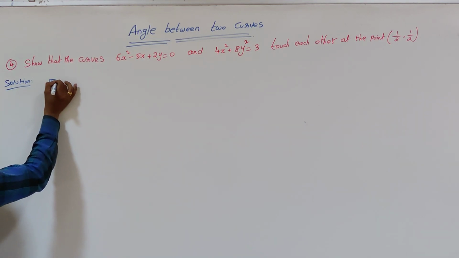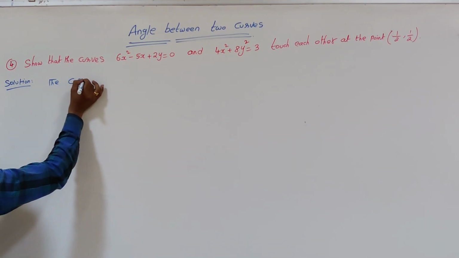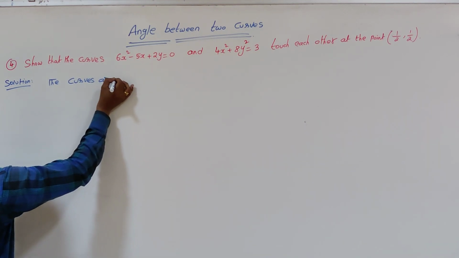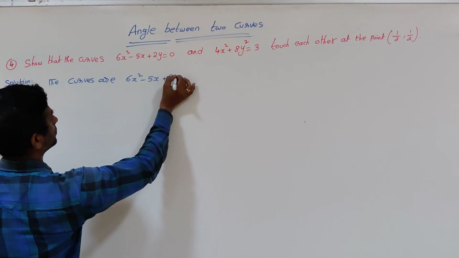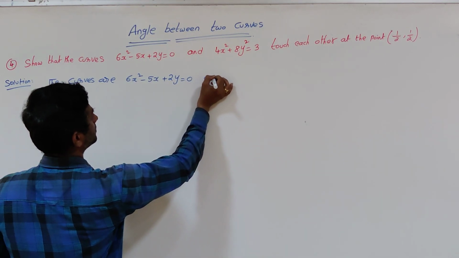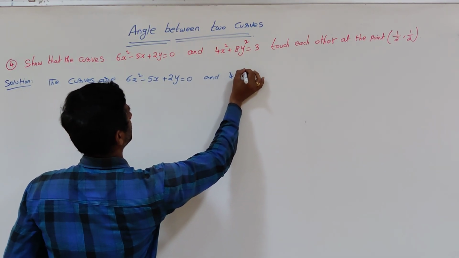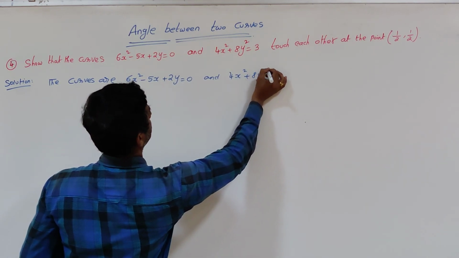The curves are 6x square minus 5x plus 2y is equal to 0 and 4x square plus 8y square is equal to 3.